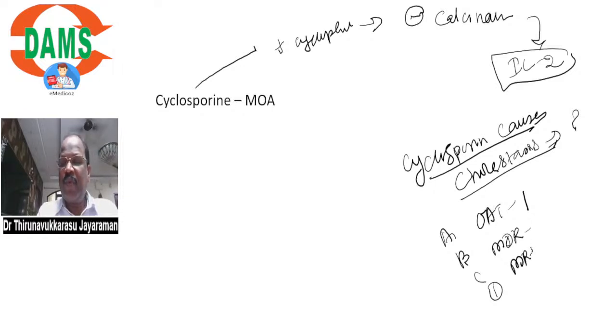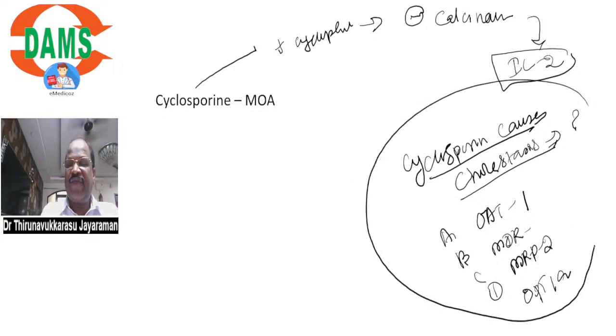MRP2, OAT, OATP1A... Okay, I will verify this also and make good notes. Don't worry. OATP, sir, organic anion transporting polypeptide. Okay, OATP.